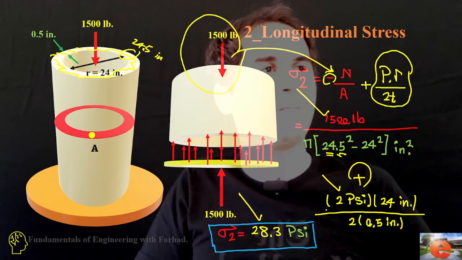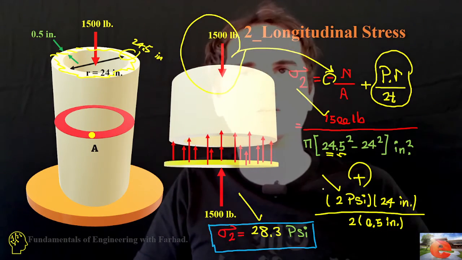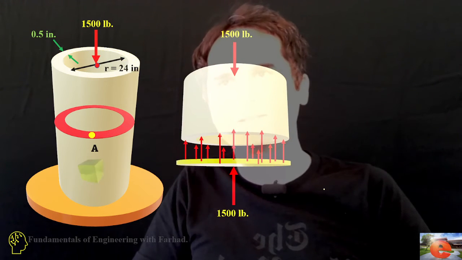Then for combined loading, we add up these two stresses, the longitudinal and the circumferential, and that's the total.